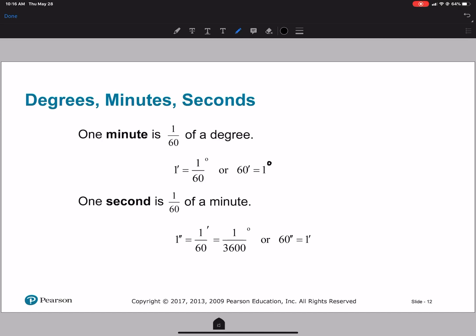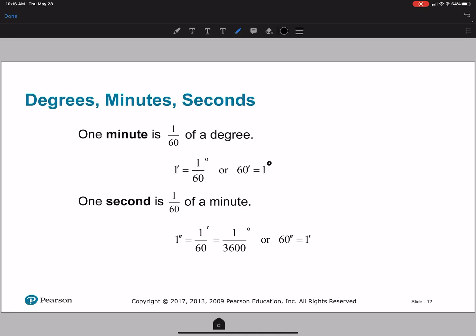So in 60 minutes, we have 1 degree. Now, 1 second is 1/60th of a minute. So that equals 1 over 3,600 degrees.